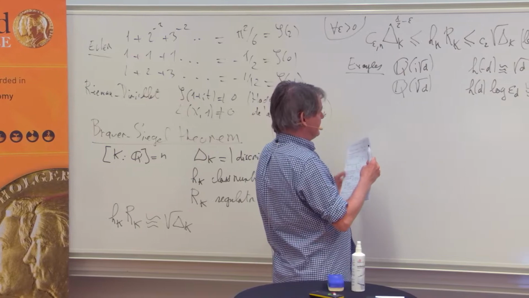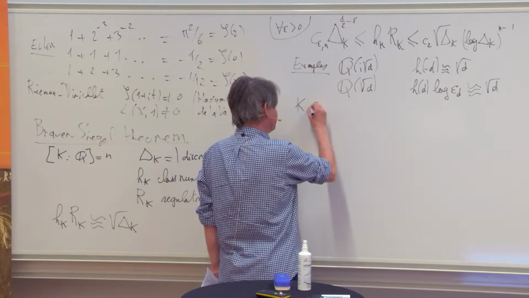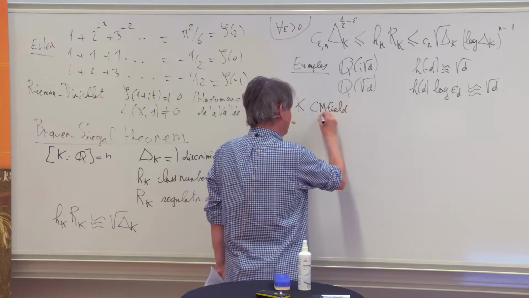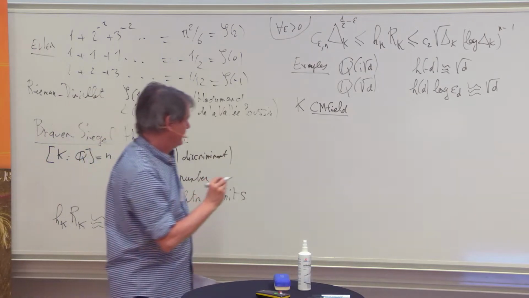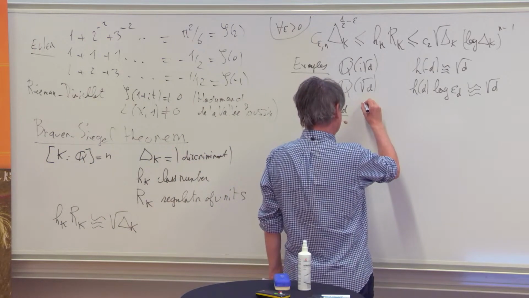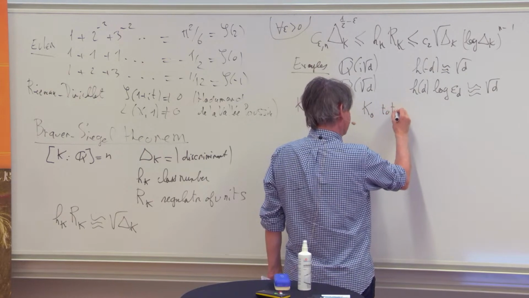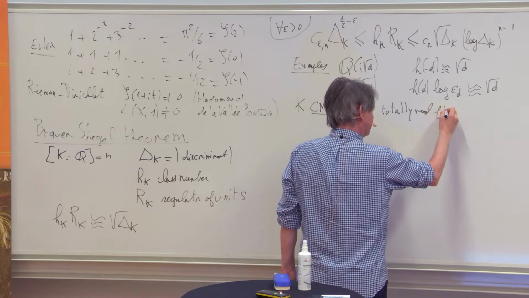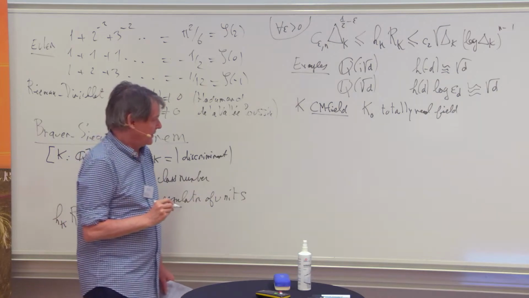I'll give a third example: if I take K, a CM field. So a CM field is, you have first, I will call K naught a totally real field, all of whose embeddings are real.